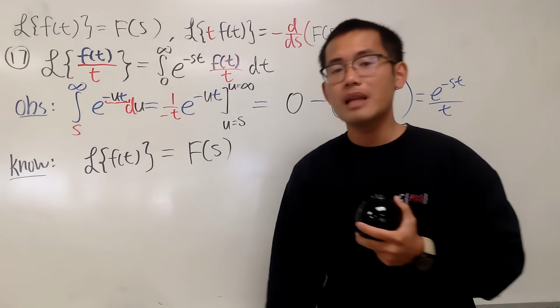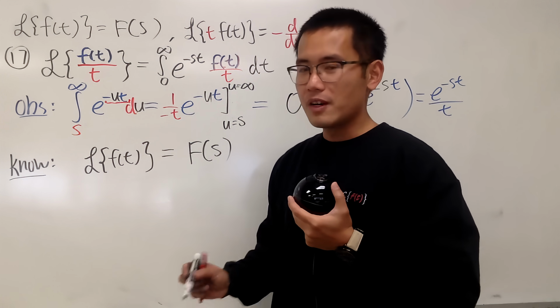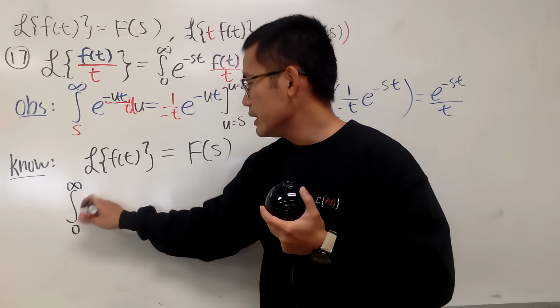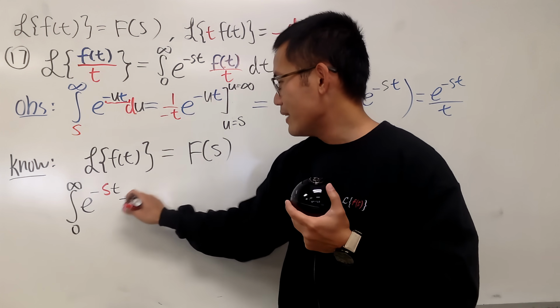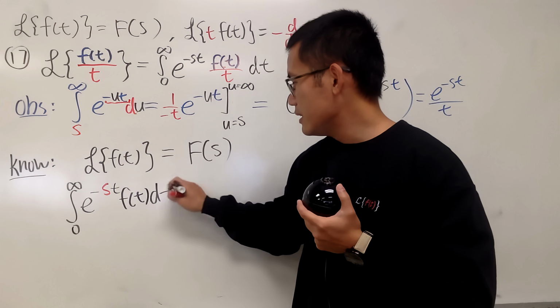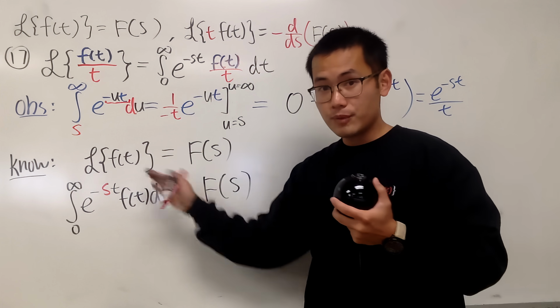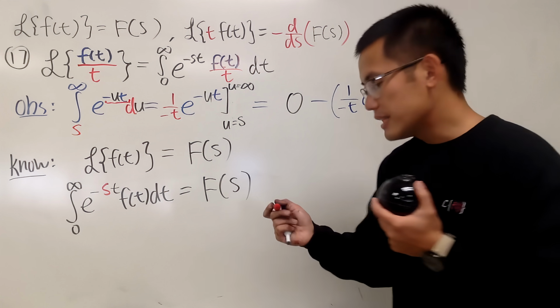All right, this is what we know, yeah? So let's put down the definition of Laplace transform of f of t first, which is the integral going from 0 to infinity e to the negative s t, and then you have f of t dt, and that's equal to F of s. Yeah? So this is just the definition, and of course the right hand side is still s. Now check this out.